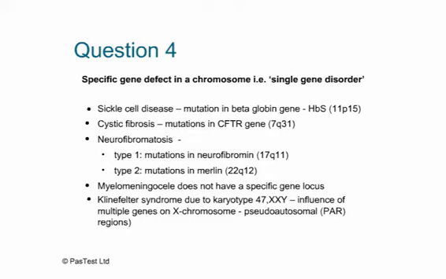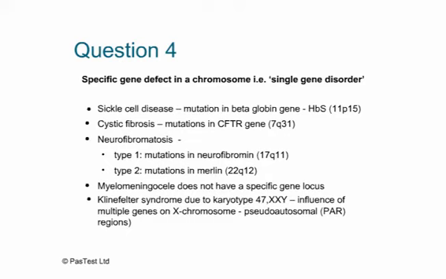The much commoner, NF1, is due to mutations in chromosome 17 in the neurofibromin gene, and the much rarer type 2 is a completely different condition due to mutations in a different gene, the Merlin gene, in chromosome 22q. However, for the purposes of the question, it doesn't matter which NF they're talking about, because they are both single gene disorders. A myelomeningocele, of course, does not have a specific gene locus and is probably of multifactorial etiology.